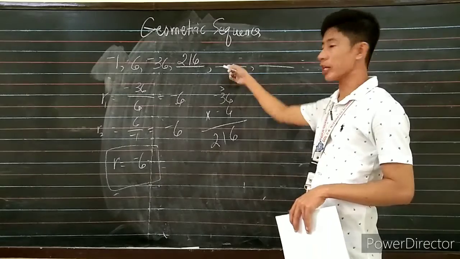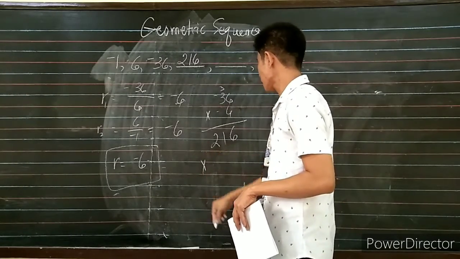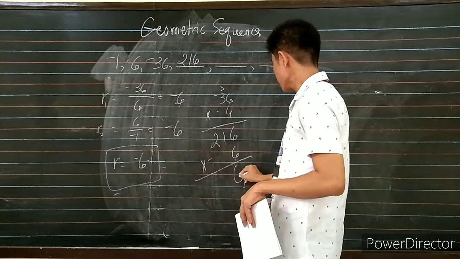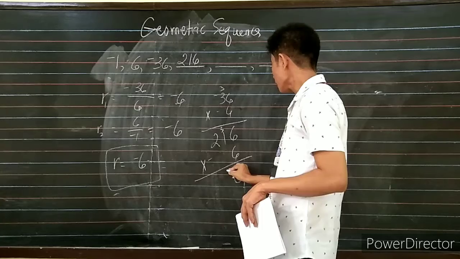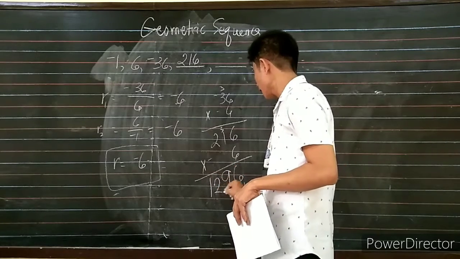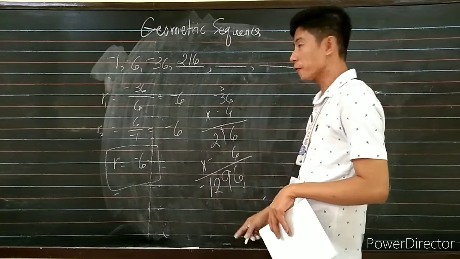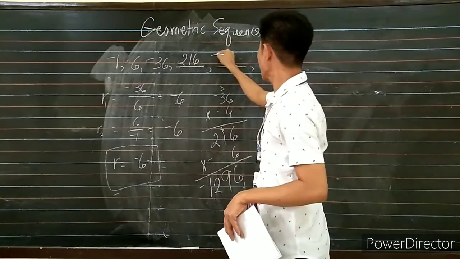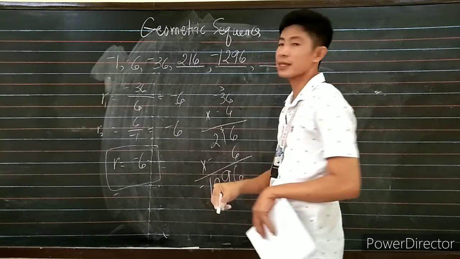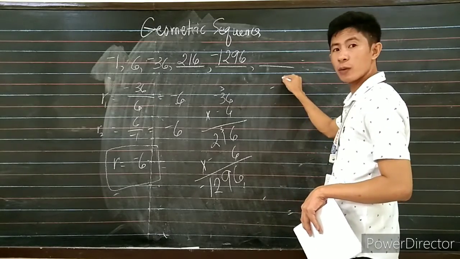What is the next term? The next term is 216 times negative 6. Positive times negative is negative. Therefore, the next term is negative 1,296.